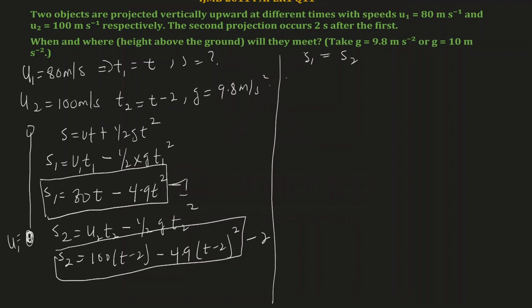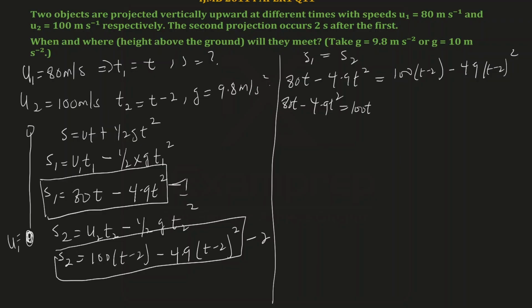That means we have 80t minus 4.9t squared is equal to 100 times (t minus 2) minus 4.9 multiplied by (t minus 2) all squared. So let's do our math carefully. 80t minus 4.9t squared equals, let's fold this bracket, 100t minus 200 minus 4.9 into (t minus 2) multiplied by (t minus 2).